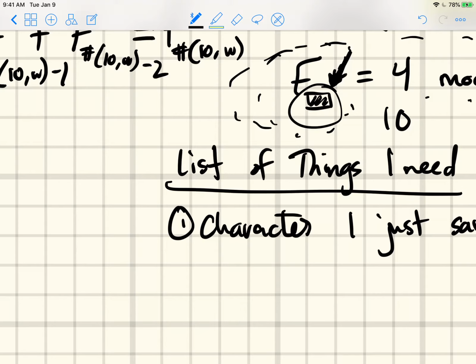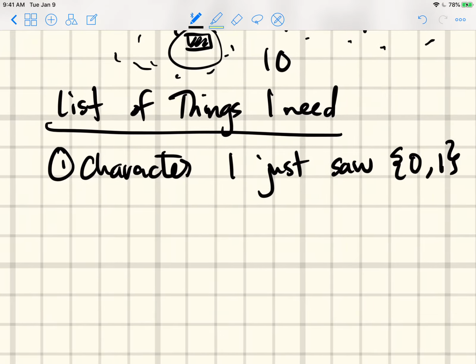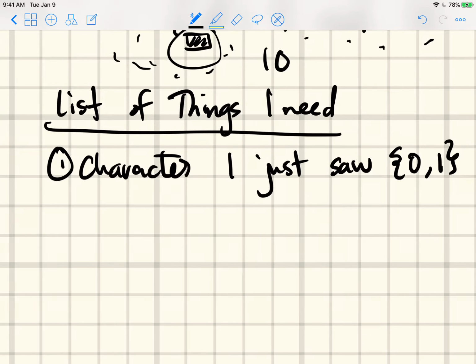Because then when I read a new character, if that character leads me to read a 1, 0, then whatever the current Fibonacci number I'm at is, we move to the next one, which means I should store the current state Fibonacci number and the one I've just seen in order for me to get the next one, because that's the only way I'm able to compute the next one, right?